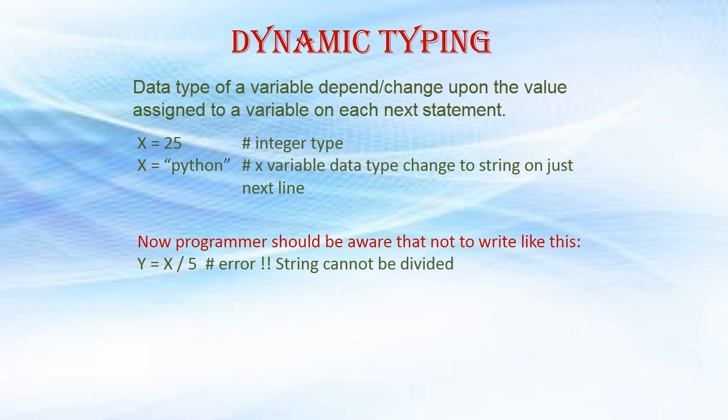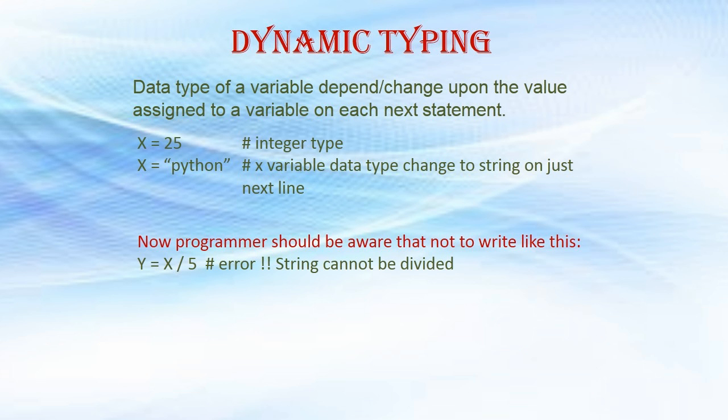We don't need to tell what type of data will be entered into the variable. Second, the data type can be changed automatically. We don't need to use any function at all. It will be done automatically by Python, which is a very good thing and which is not the same in every language, right? It is a benefit of this programming language.